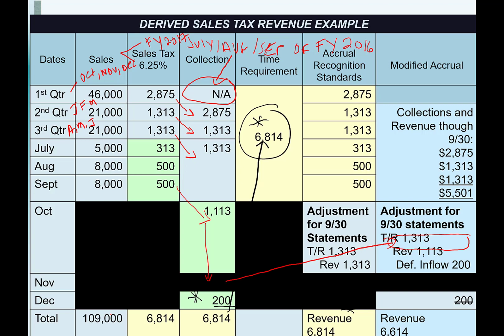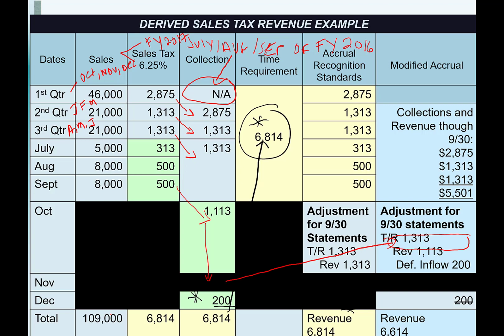Okay? Okay, good. Then what happens? We go to the second quarter. We have sales taxes of 1313. We collect that in the third quarter of 2016 in this example. The underlying transaction took place still in 2016, so we can take that for accrual purposes. We can take it for modified accrual purposes because we're still within 60 days of 2016, aren't we?